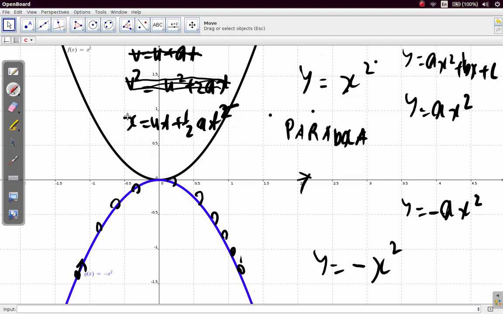Let's look at this one. If our x-axis is in time, and this is the height, right? The distance traveled is here.